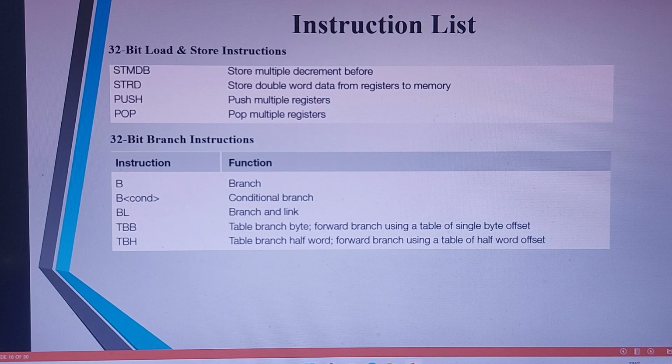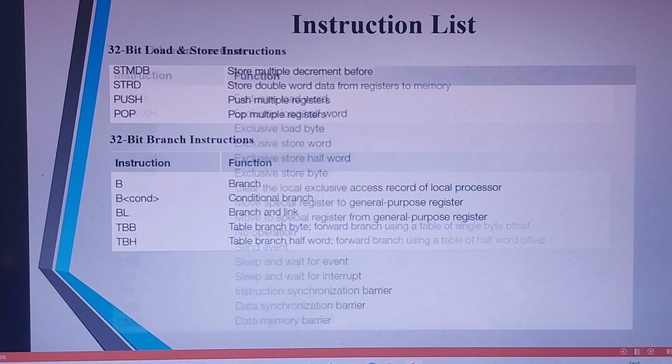This is a forward branch using a table of single byte offsets. Whenever we have a table of operations, this can be used. It will be moving in the table with a single byte offset, or TBH with a half word offset. The base will be pointing to the start of the table and the offset has to be maintained in terms of byte or half word in the respective instructions. So these are some very important instructions in ARM.